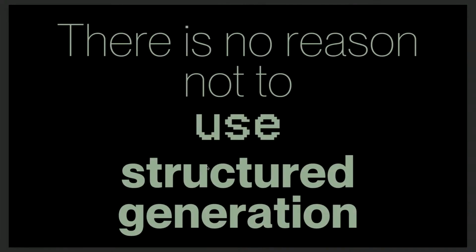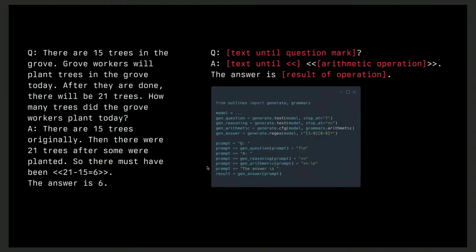And now I'm going to convince you that there's absolutely no reason to not use, sorry for the double negation, structure generation. The first reason is that most text is structured. I talked to you about JSON earlier. We talked about regular expressions. But here I just took the GSM8K data set.